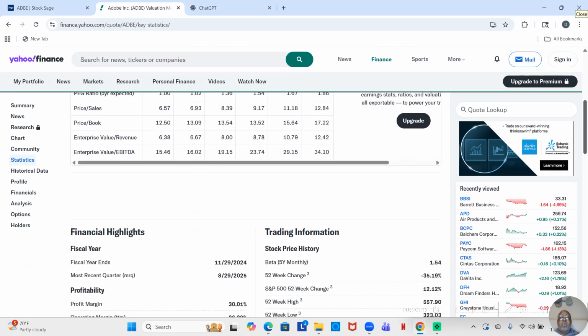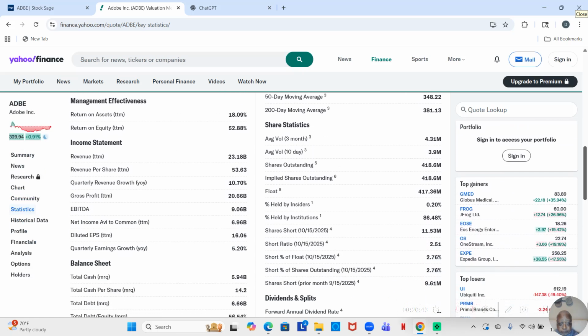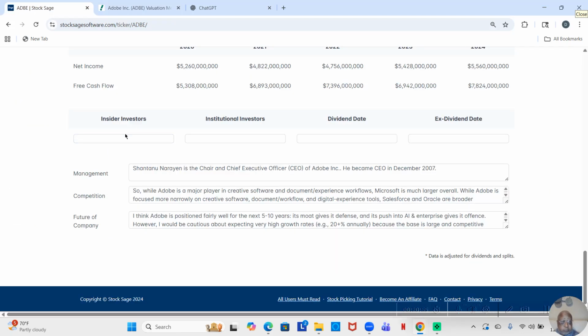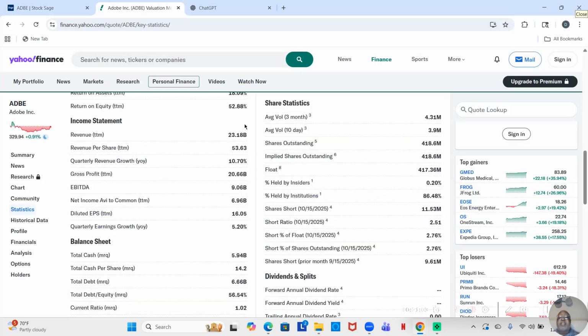And if I scroll down, it says held by insiders 0.20%, and by institutions, 86.48%.